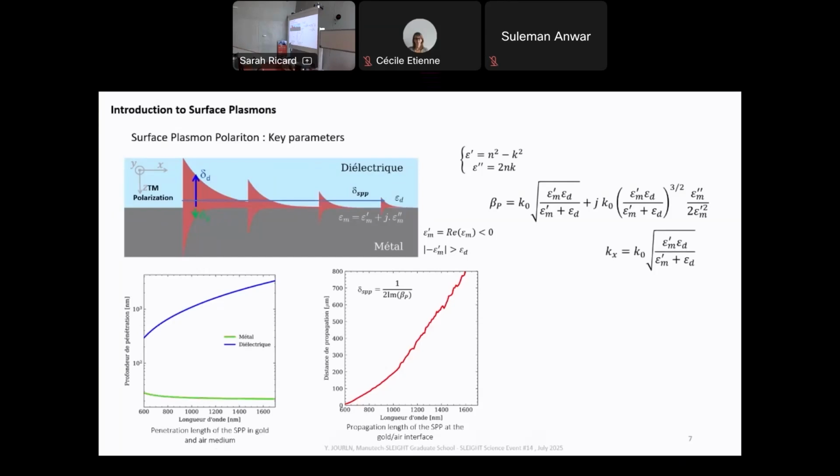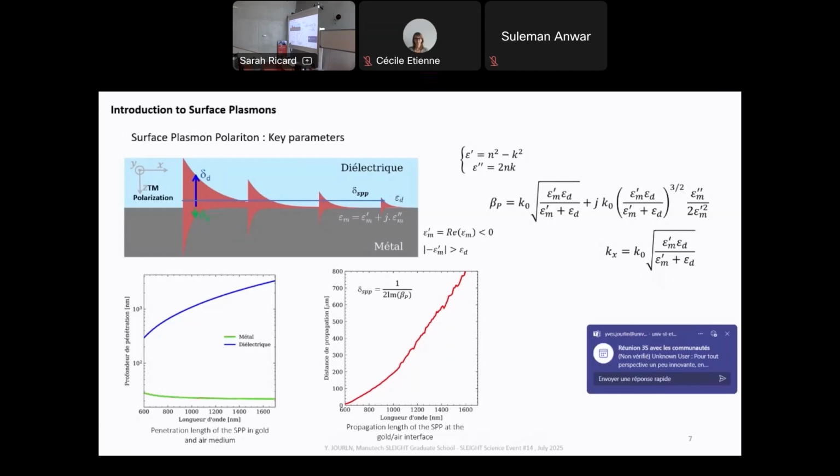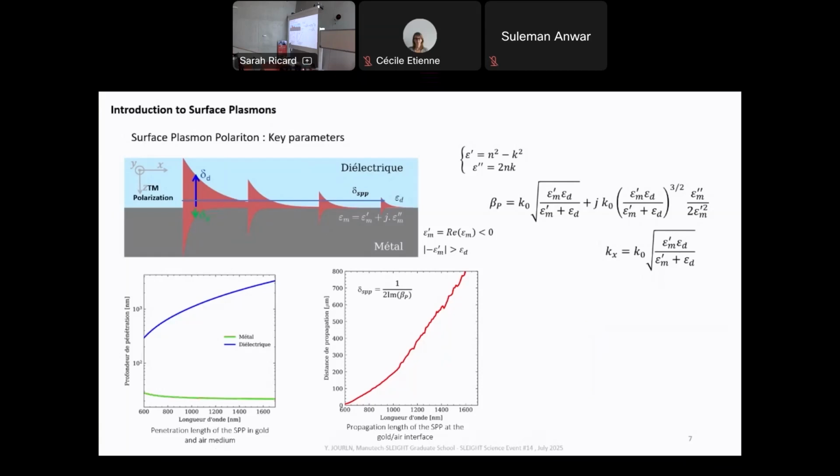It is the penetration length in the dielectric part and in the metallic part. So it is very different. The distance in the dielectric is much higher than the distance in the metallic part. But it is very important because it is what we will consider for sensing.